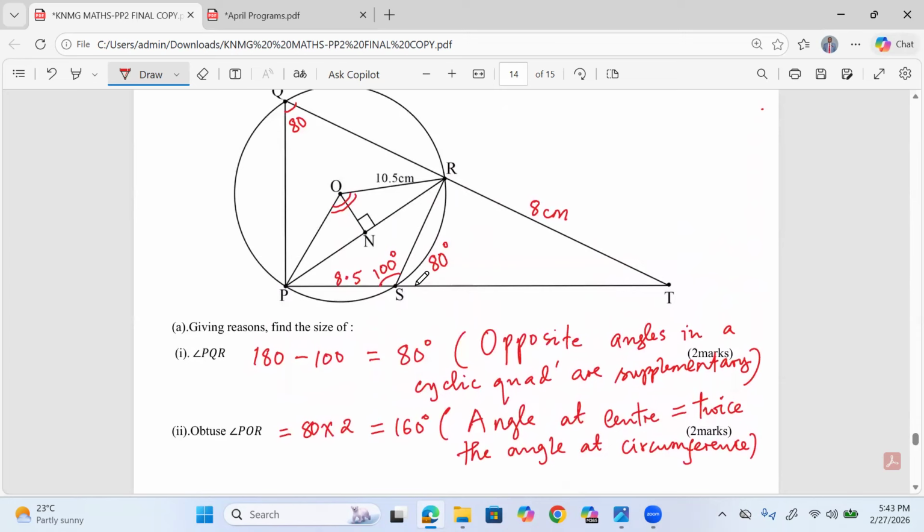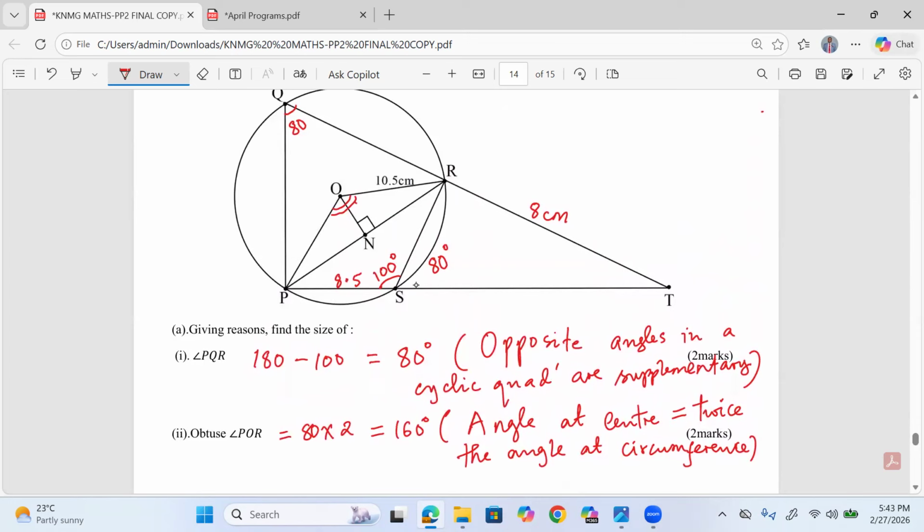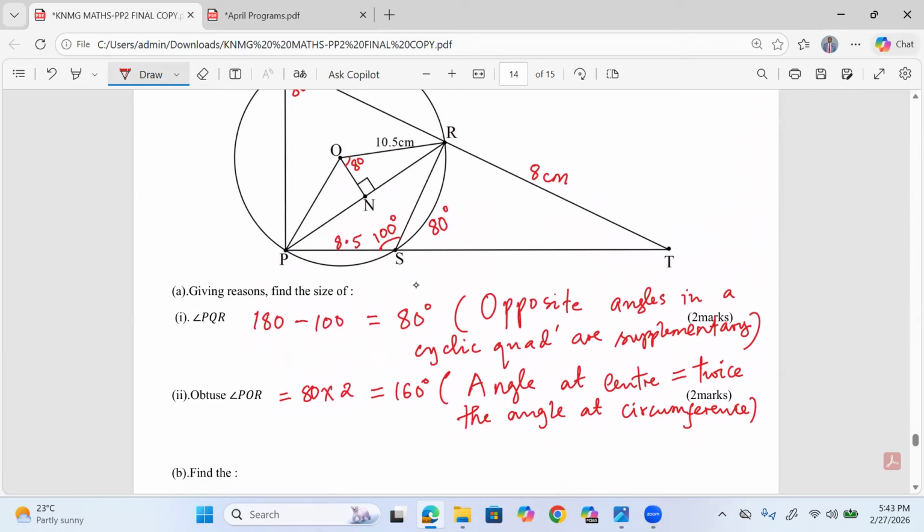This angle can be found to be the angle here, because we have 160. This is 80 on its own. So we have an angle of 80, and we have a hypotenuse of 10.5, which is the radius. This is according to triangle ORN.